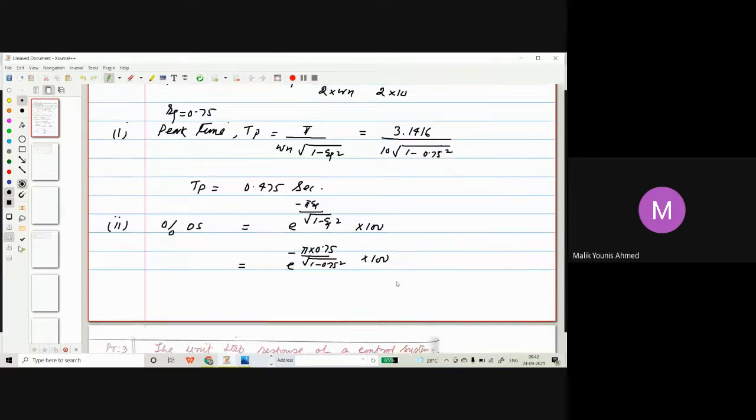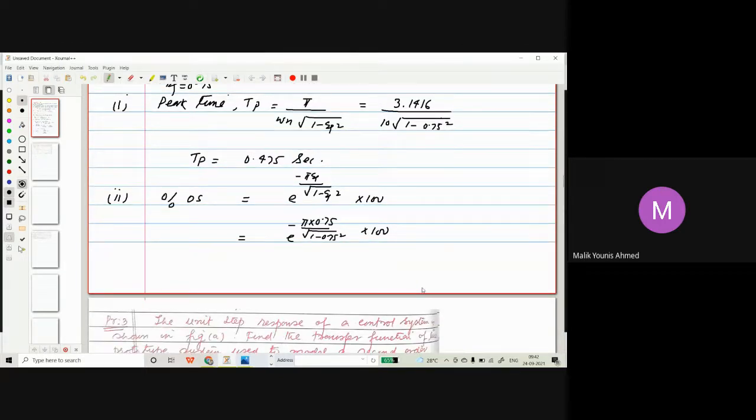Use your engineering calculators and you can get percentage overshoot. I think it is 2.838. Just check these values. Okay, let me add a page here.